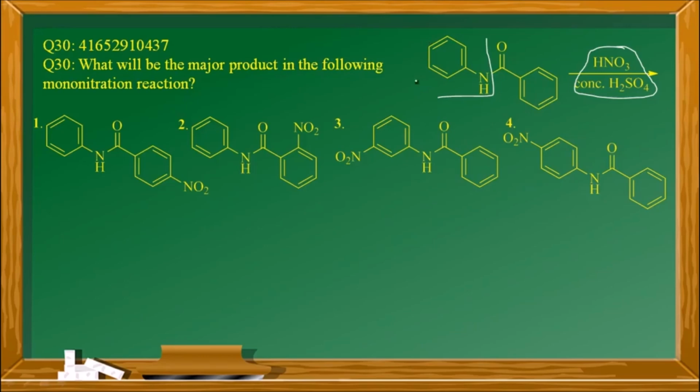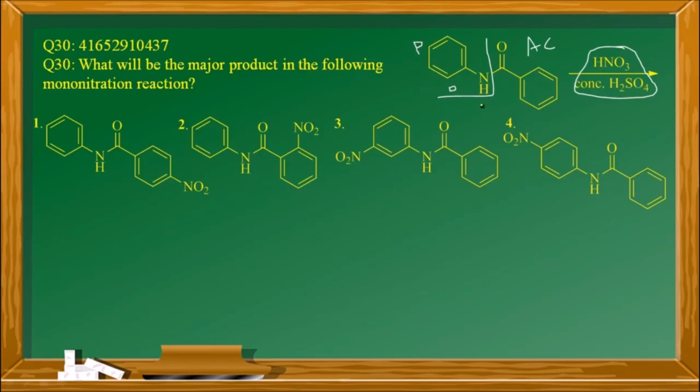Usually we do this with the acetylation product of aniline, the acetyl group, but here they have given benzoyl, instead of acetanilide. No problem. When they are doing nitration, we know that this group orients the nitro group to ortho and para.